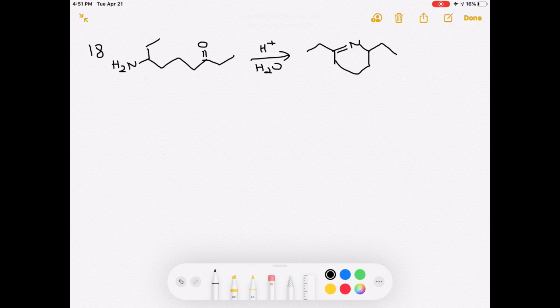In the first step, we add H plus. When you see acid in a mechanism problem as one of the immediate reagents, you can know that one of the first things that happens is protonation.